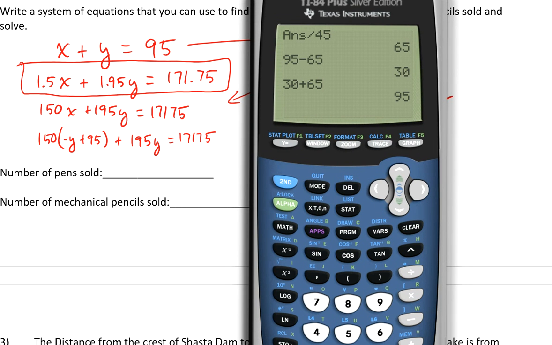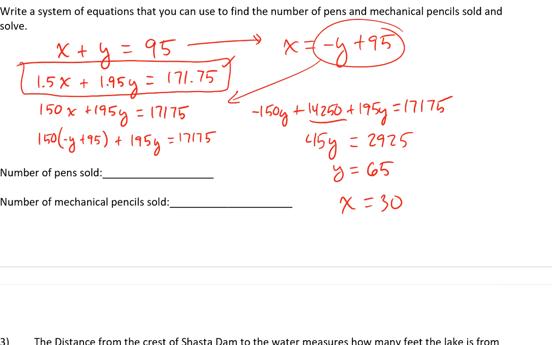So I'm going to take $1.50 times 30 of the pens plus $1.95 times 65 of the mechanical pencils, and this should be 17,000. I'm sorry, with decimals in the wrong spot. It should be $171.75, and it is.